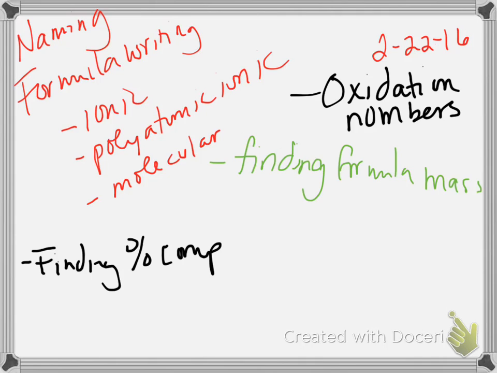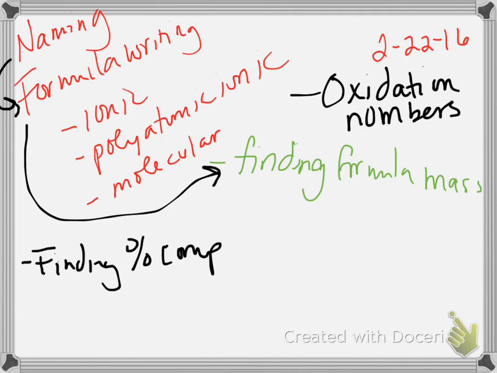There are a lot of skills that don't seem like they necessarily go together. What's amazing is how they do go together, and if I give you guys a name and ask you to find the formula mass, then you're actually practicing formula writing and finding formula mass.